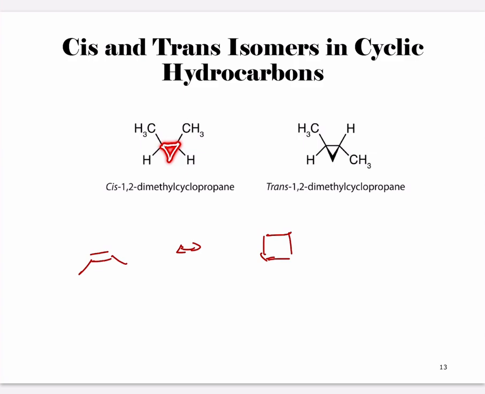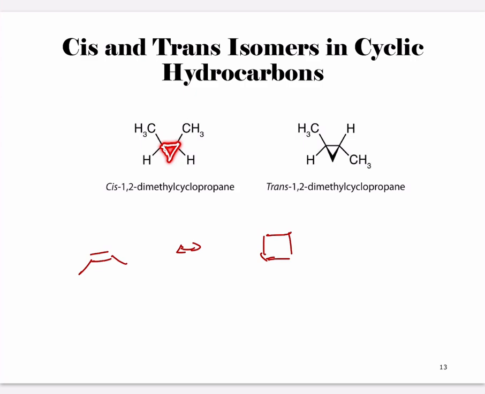So this would be the ring, right? This is a 3-member ring, so what's the prefix for it? It's cyclo, and then it has 3 carbons, so it would be prop, right? I know it's going to get confusing. We're doing the prefixes for the number of side groups, and also the prefix that tells us the number of carbons in the parent chain.